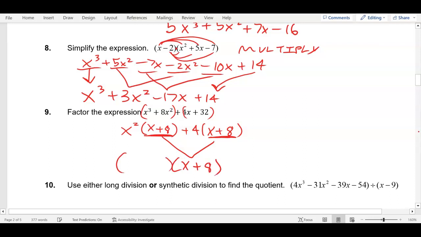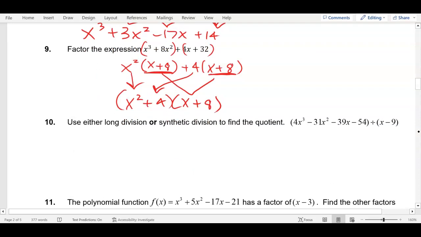And then your other parentheses, you're going to write each of these new coefficients, x squared plus 4. That's it. You're factored. So you factor two terms, the matching parentheses bring it down, the two coefficients go into their own parentheses out front. All right.